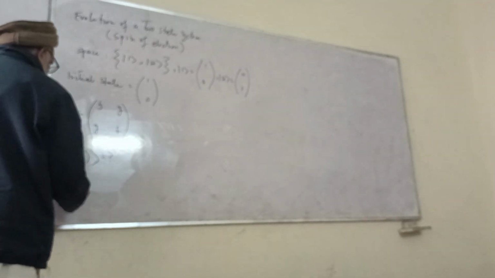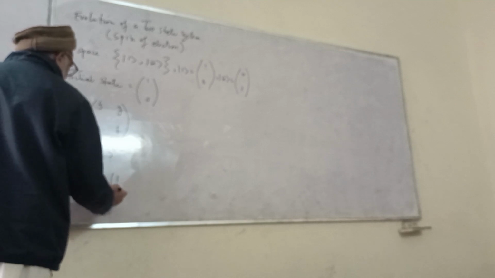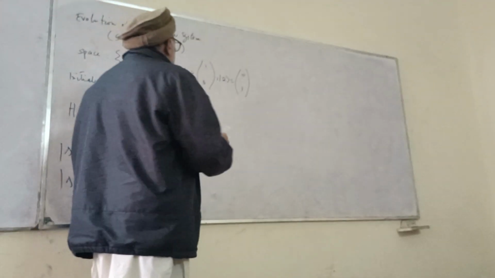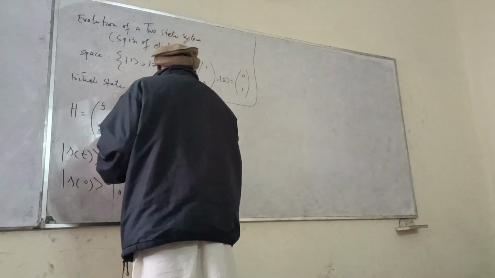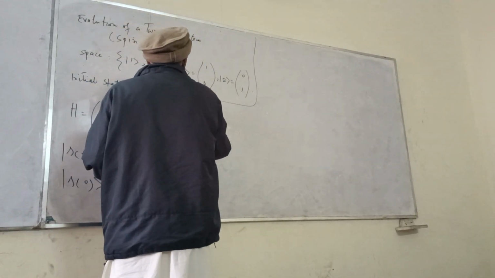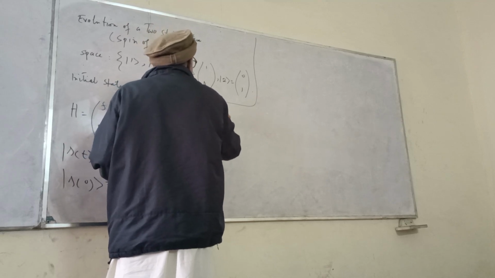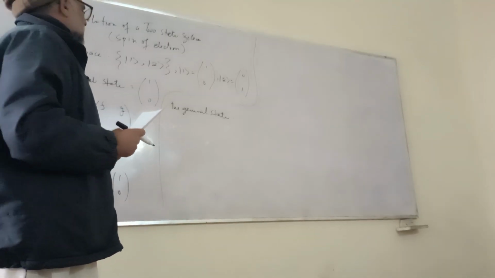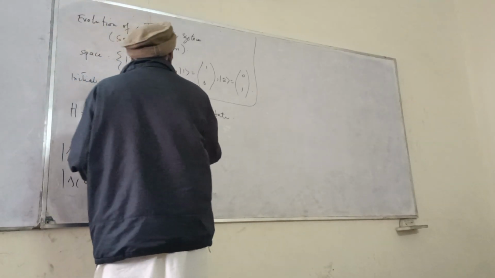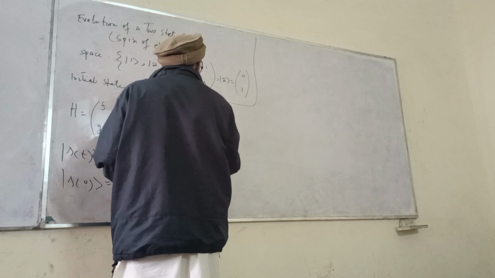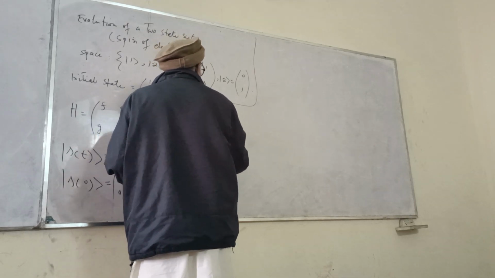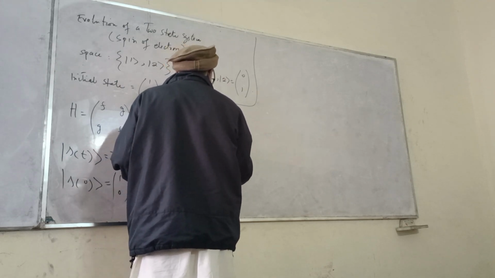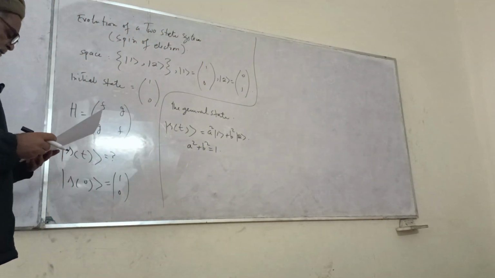And I will say S of 0 is equal to the general state of the particle, which can be written as something like this: a times state 1 plus b times state 2, where a squared plus b squared equals 1. That is how we can write the general state of the system.